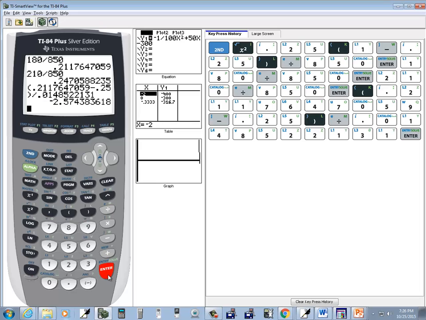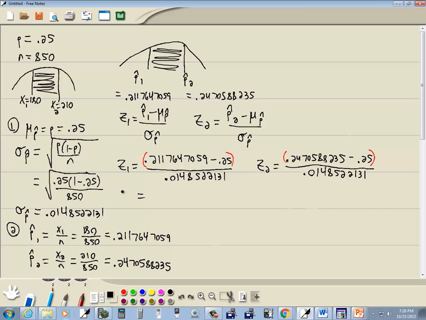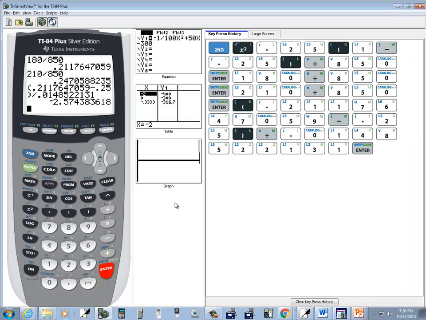Okay. Now we'll round this to two decimal places. So z sub 1 is equal to negative 2.57.